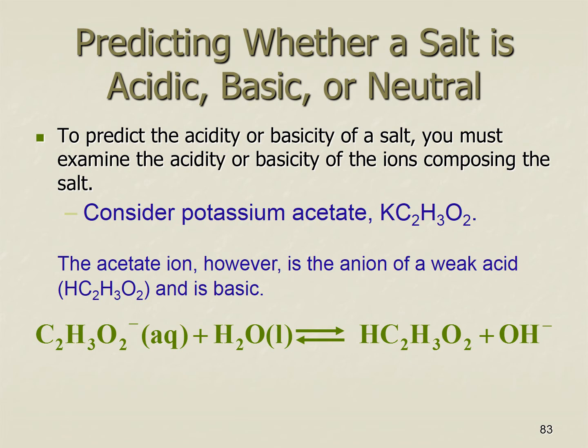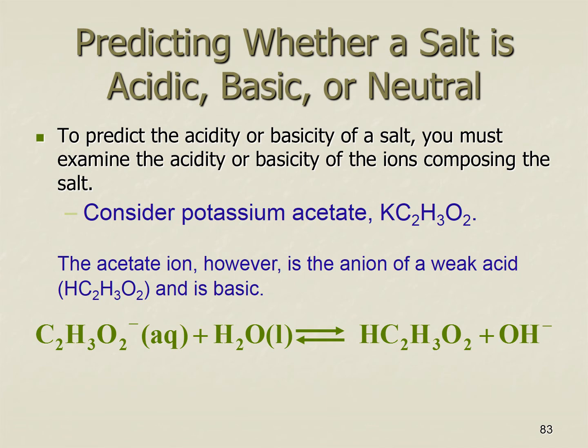Now we have to consider the acetate ion. The acetate, C2H3O2 negative, is the anion. You add the H plus back to it, so HC2H3O2, and you ask, is that a strong acid or a weak acid? Well, acetic acid is a weak acid, which means its conjugate base is relatively strong, and so it does have some basic character.